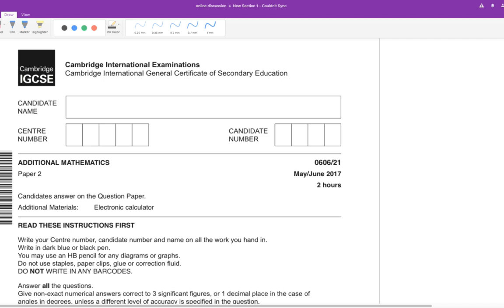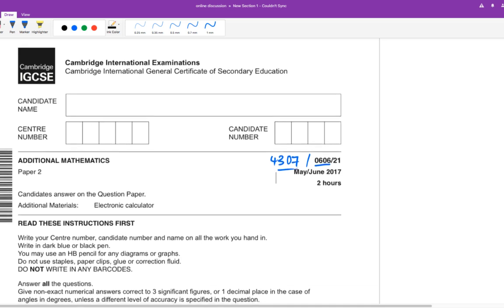What I want to say is that the O-level paper and IGCSE paper are using exactly the same paper. Even if you are 4307, you will have the same paper as the 0606. So you don't need to worry so much. And for the MLSM paper 2, I will start next week. It's not today.